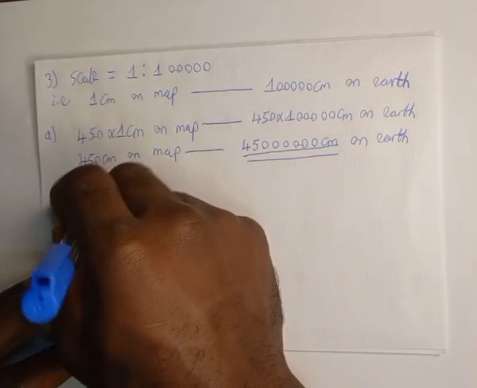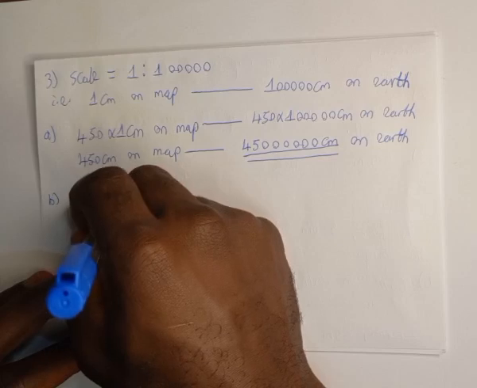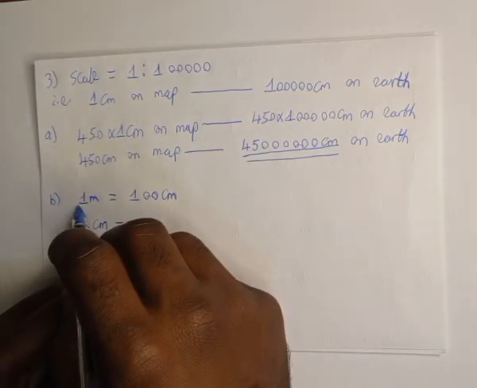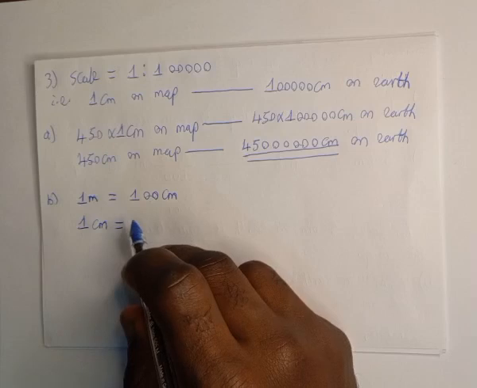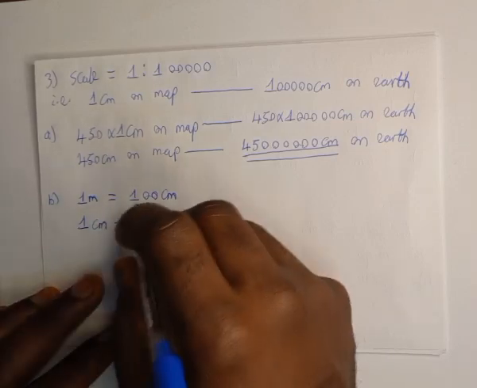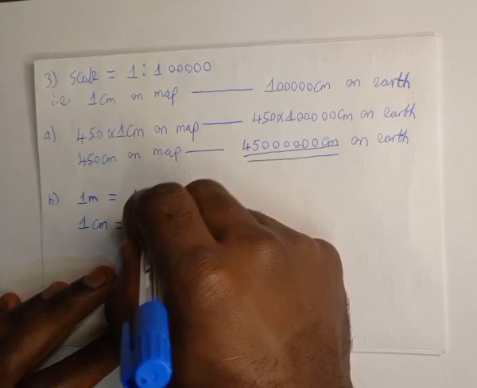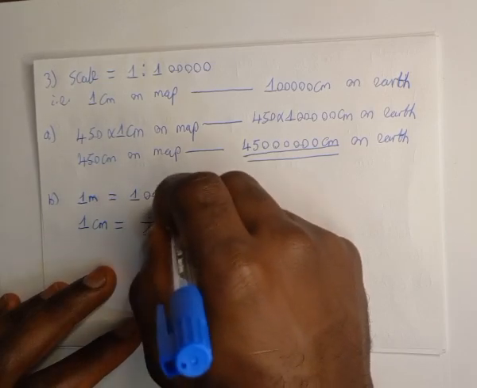It is the same as saying, if we divide both sides of this equation by 100, 1 centimeter will be equal to 1 over 100 meters.